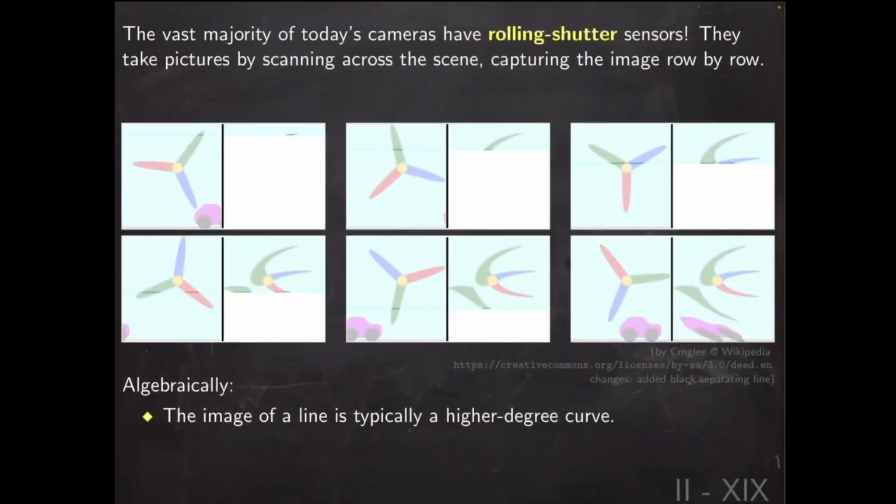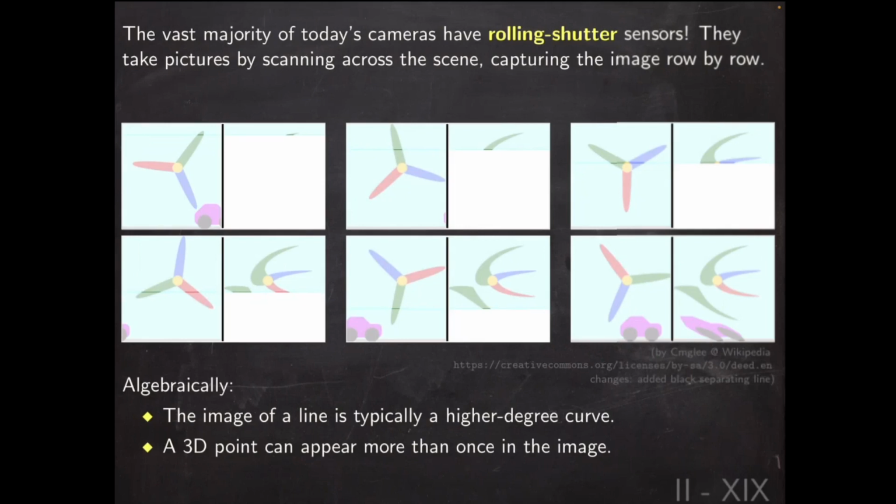The green part of the propeller actually appeared twice. That means that these are maps that take a single point and map it to an unordered set of appearances of that same point on an image.